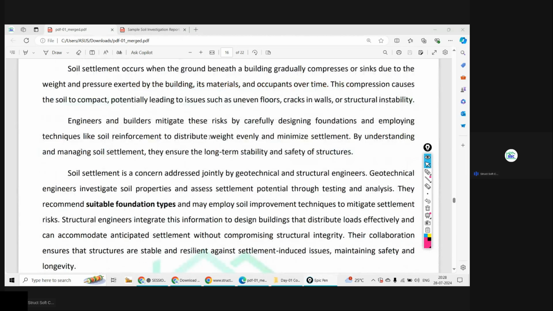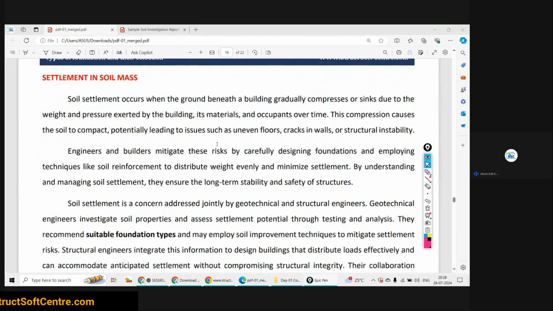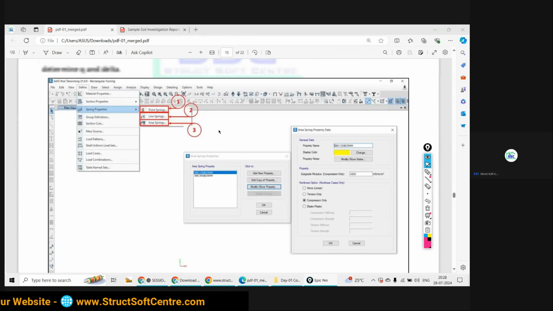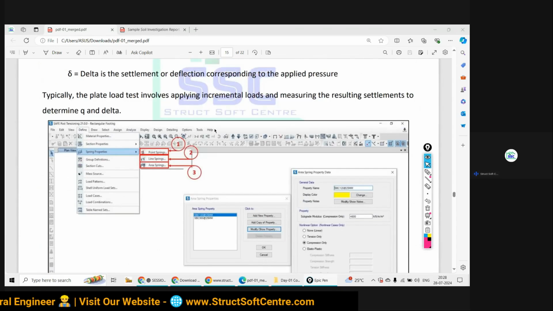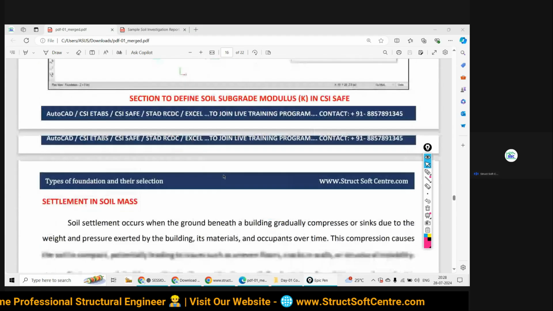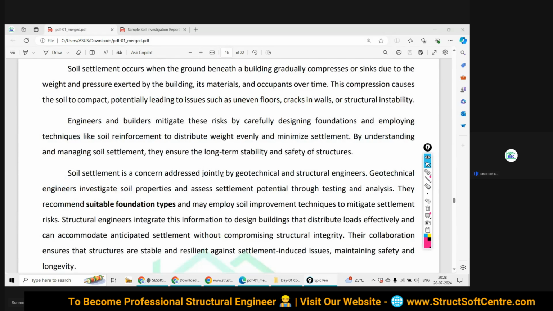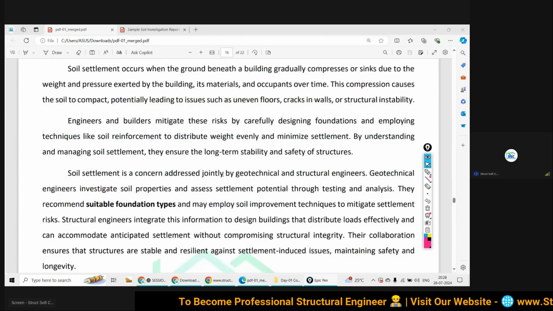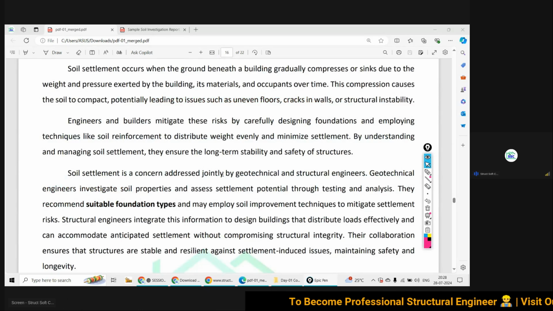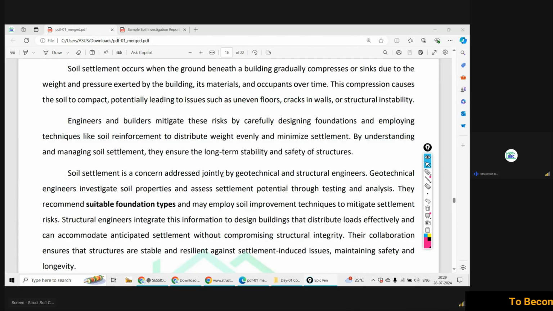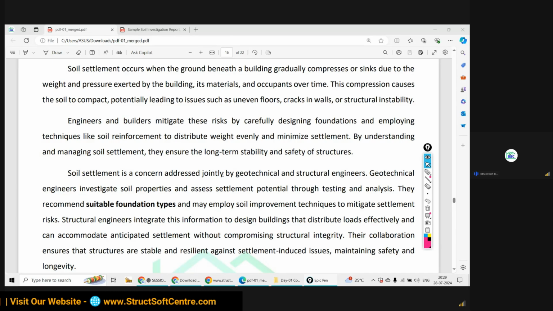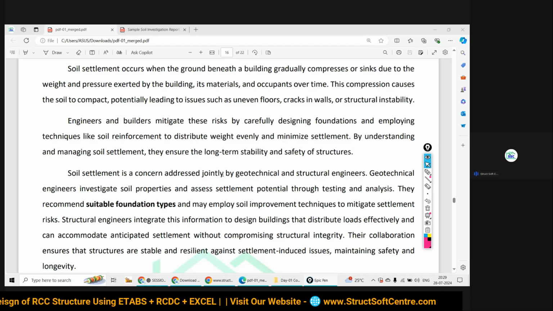Settlement, as we have discussed, one more important thing. If you are going to talk about the soil, we cannot avoid the settlement in the soil mass, because if you apply the load, settlement is going to happen. The soil mass and earth surface are natural, so we don't have that much scope of control.